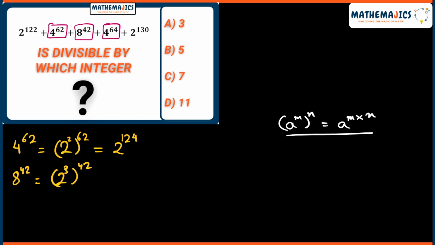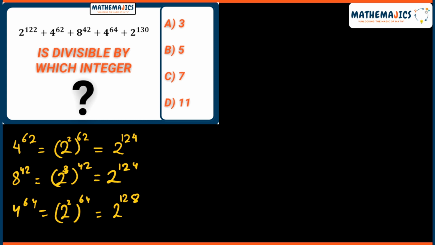Correct? So if now 3 and 42 are multiplied, we will get 2 raised to power 126. Third term, 4 raised to power 64. We can write 4 as 2 raised to power 2 raised to power 64, and we will get 2 raised to power 128. Correct? Now, why we have written this in a different way, we will see.